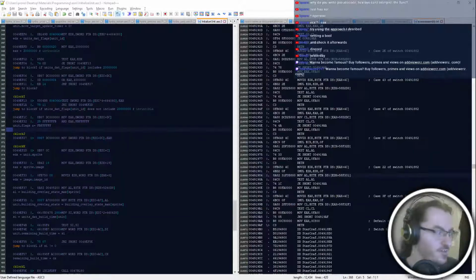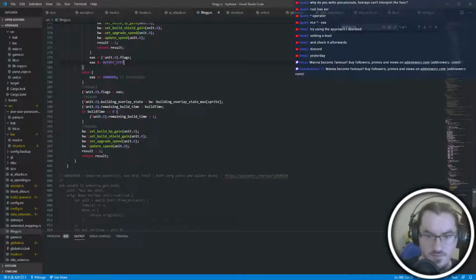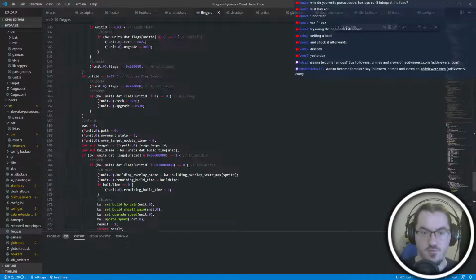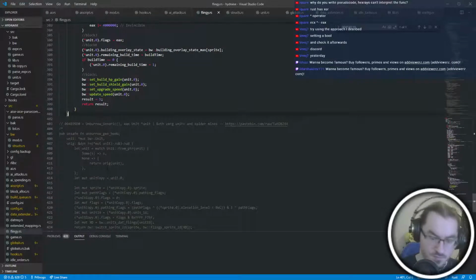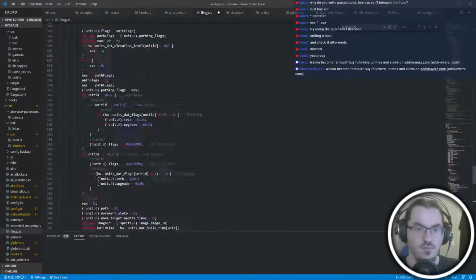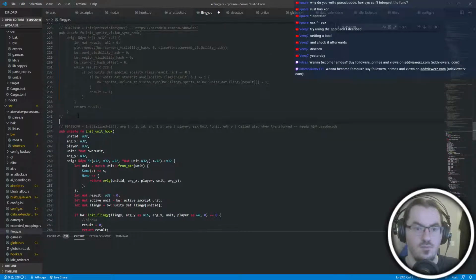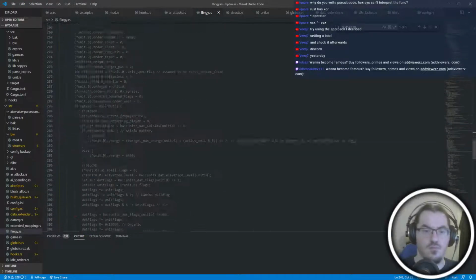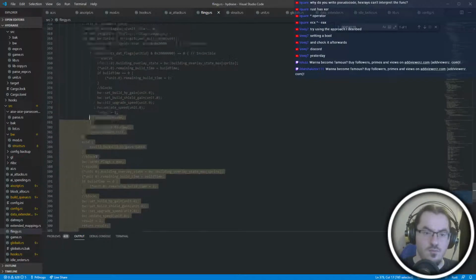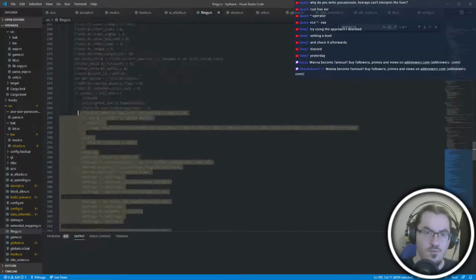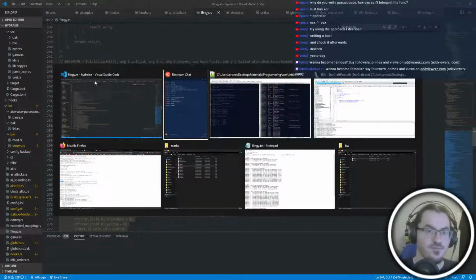Well, I have no idea if it's really complete, but I sure fucking hope so. Long ass function.